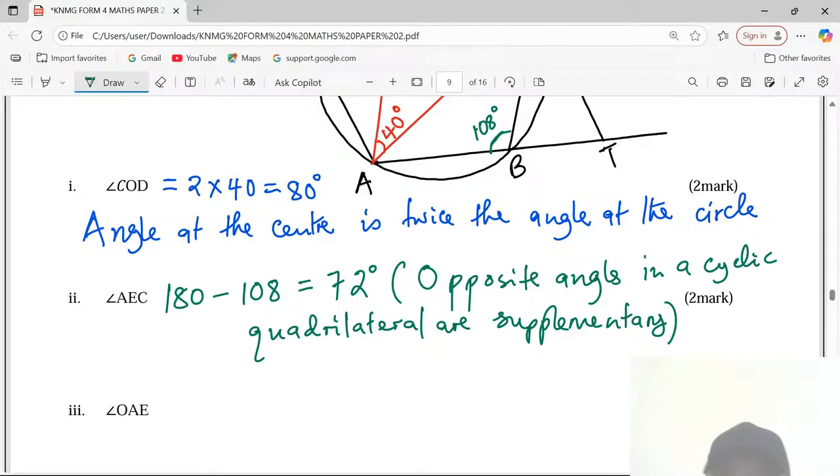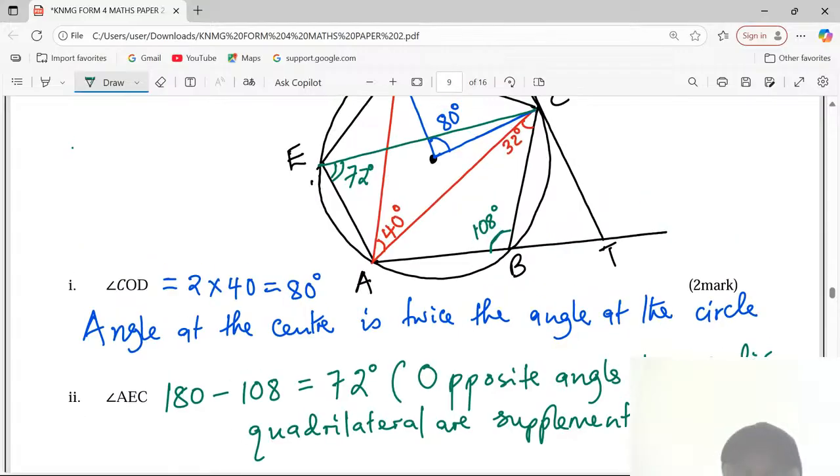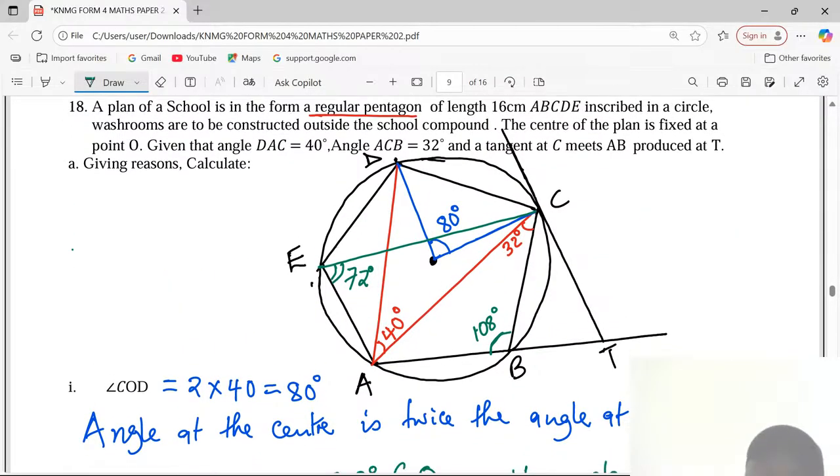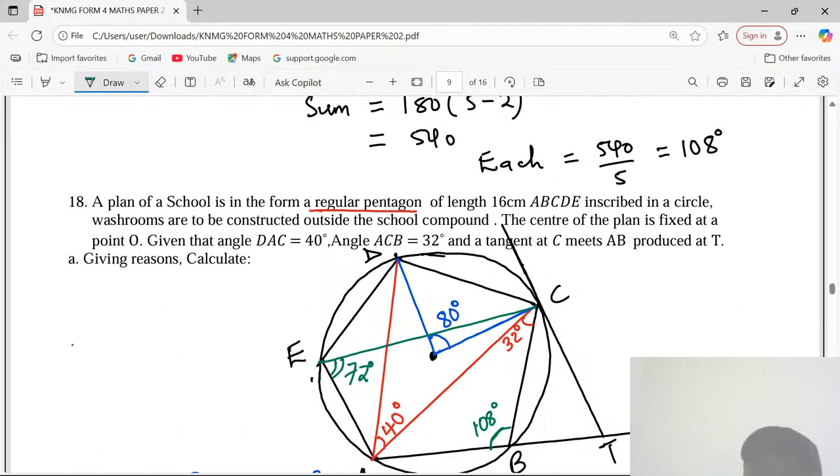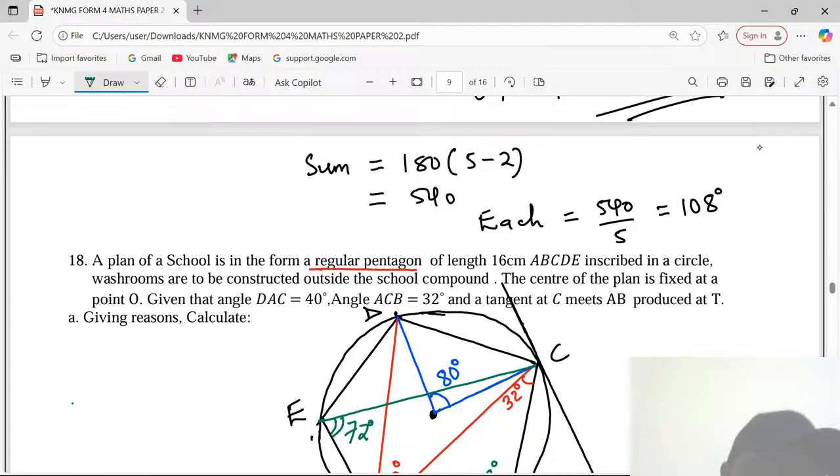Where is 108 coming from? Okay, I'm supposed to repeat this one for the last time. This is a regular pentagon. This is the first thing that we did. In a regular pentagon, we said the interior angles total 540. How many angles are they?